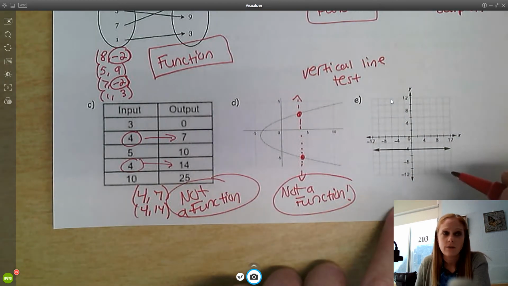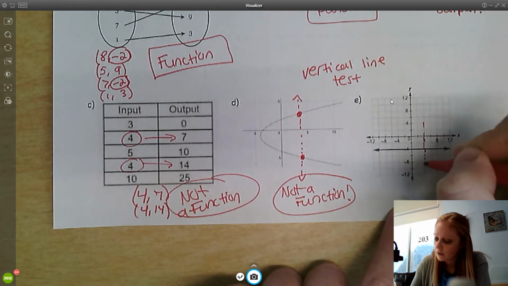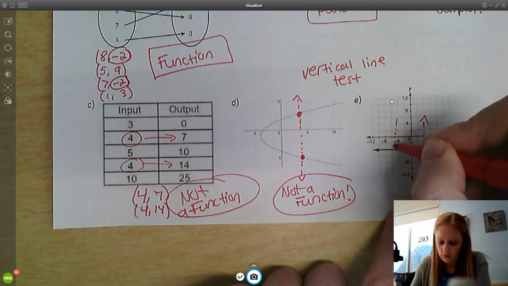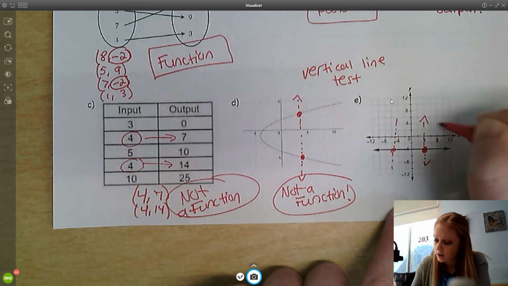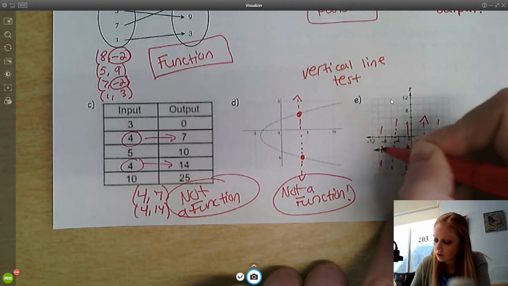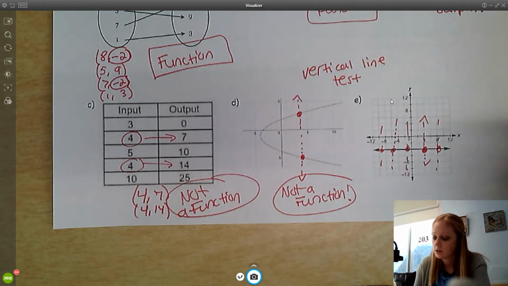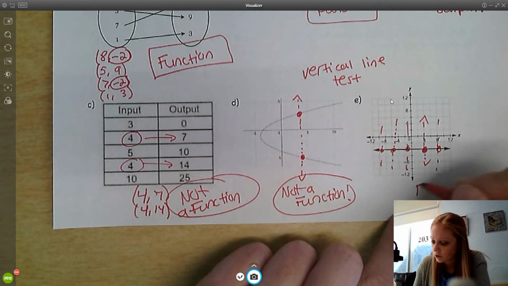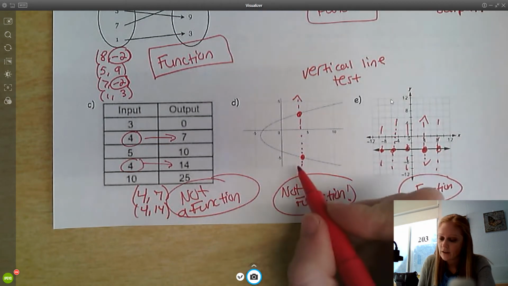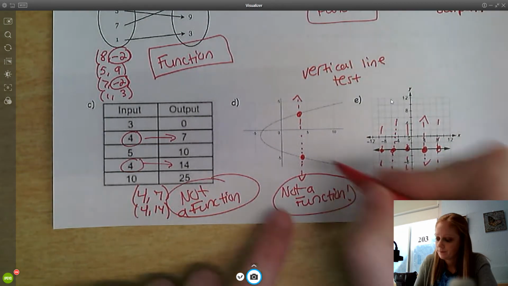Now this graph, if I draw a vertical line going through it, it hits just once. We could draw a vertical line here, hits just once, hits just once. No matter where you draw a vertical line, it's just going to hit once. So we're good. It's a function. Passes the vertical line test. Failed the vertical line test.